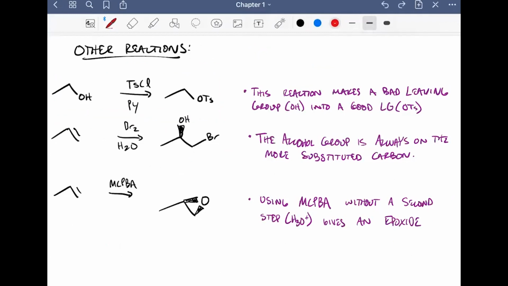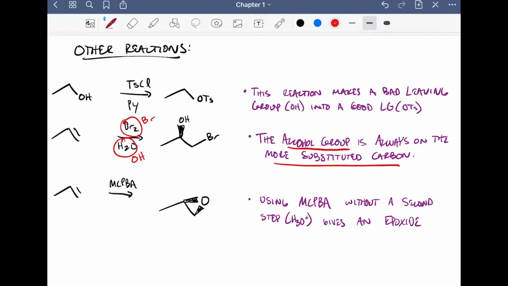Another one that is in this chapter, but not really covered too much, is that Br2, H2O. And this one's pretty easy because Br2, that should signal you're adding a bromine, and this H2O, you're adding an OH, an alcohol group. You're adding both of those to this. The only difference is that this alcohol group is on the more substituted carbon.